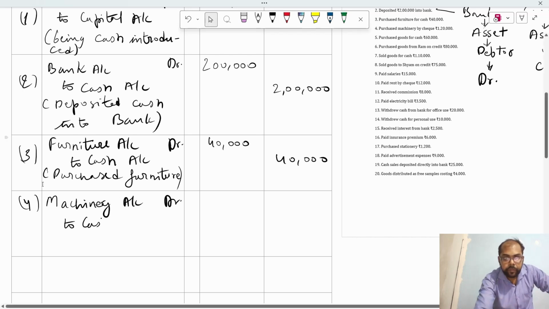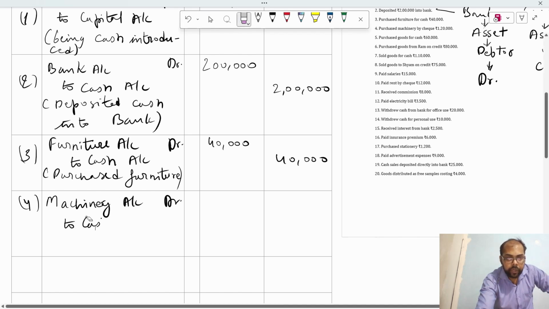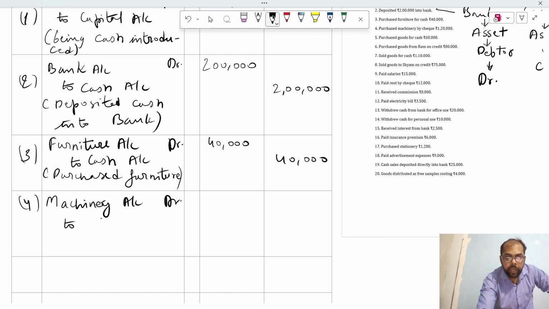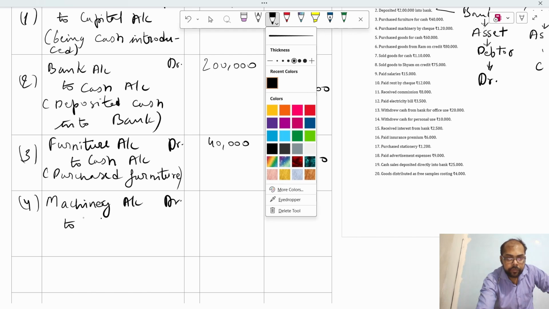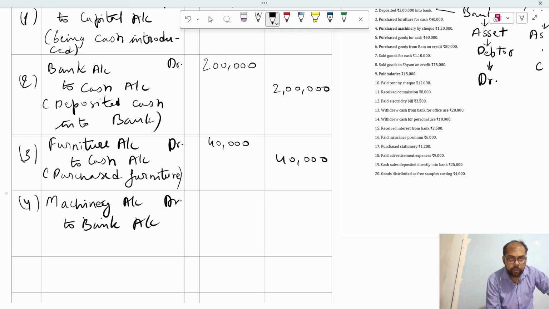Why am I using the bank account here? Because we are paying money with the help of a cheque. So the bank balance is decreasing, therefore it is credited.